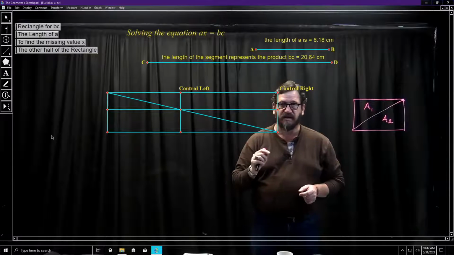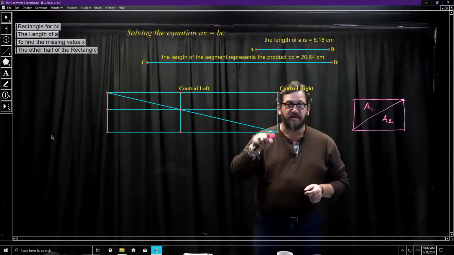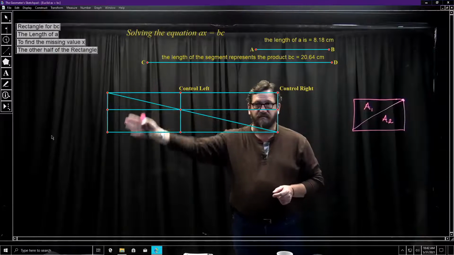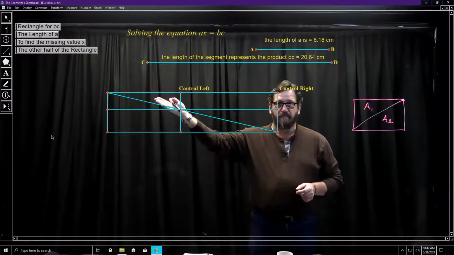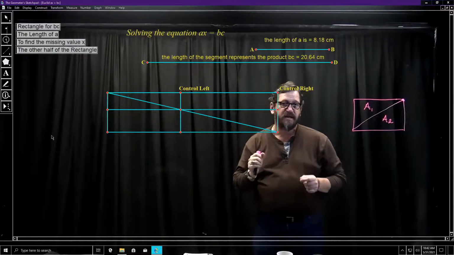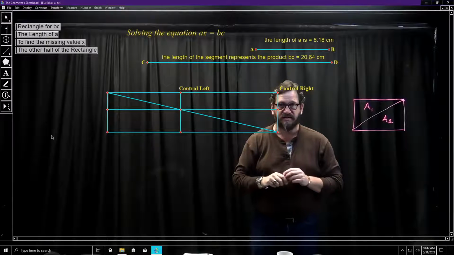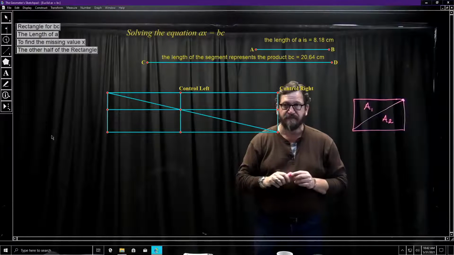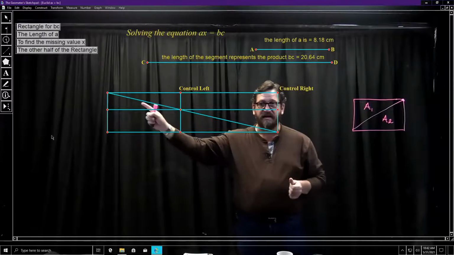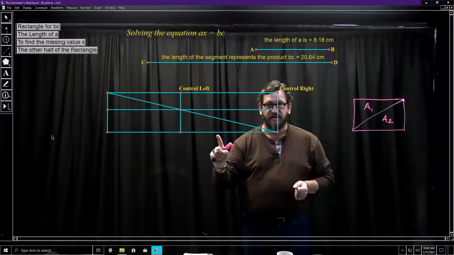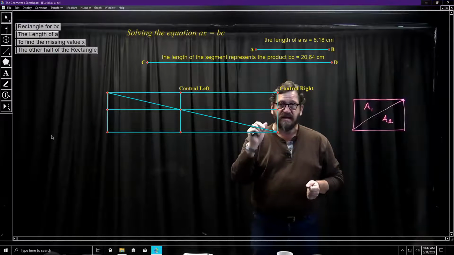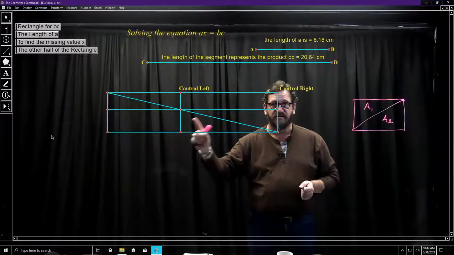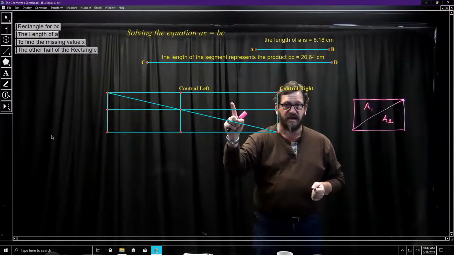And with that being the case, now look at the big rectangle. Since everything above this slice must be equal to everything below the slice in terms of areas, and we just said this piece is equal to this one, this little piece is equal to this little piece, it must mean that this rectangle is equal to this rectangle.